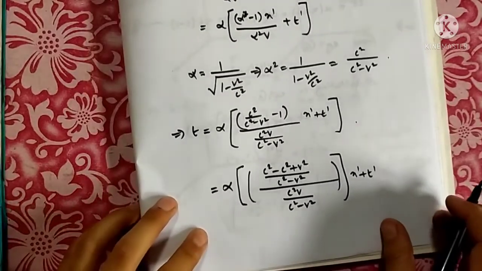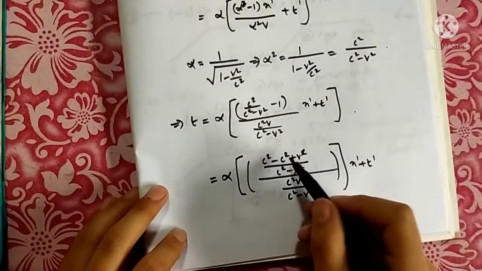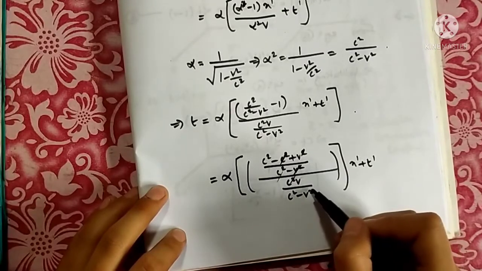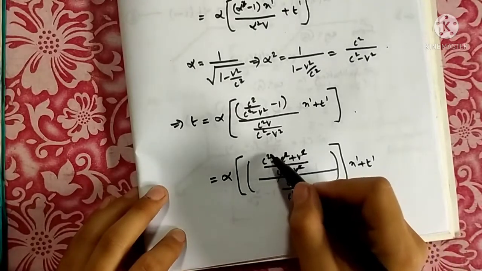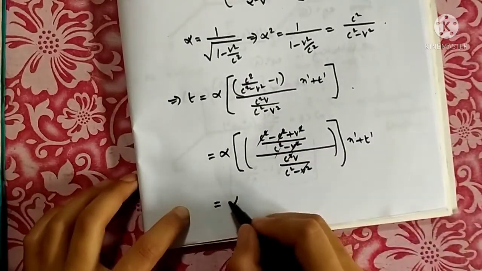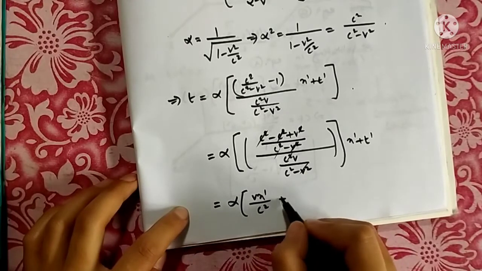Here we get the final equation. We can cancel it out like this. We get t is equal to alpha (v x prime by c square plus t prime).